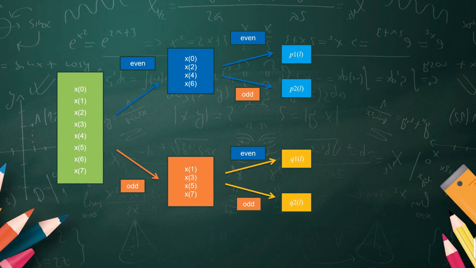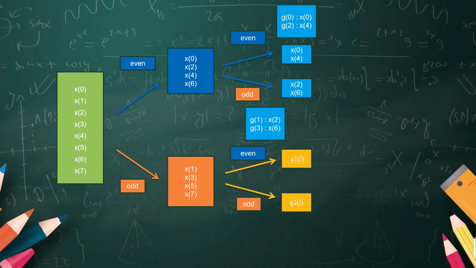The even part is named P1(l), and G0 which is x0 and G2 which is x4 are the even samples, and the odd part P2(l), G1 and G3, are x2 and x6 respectively.